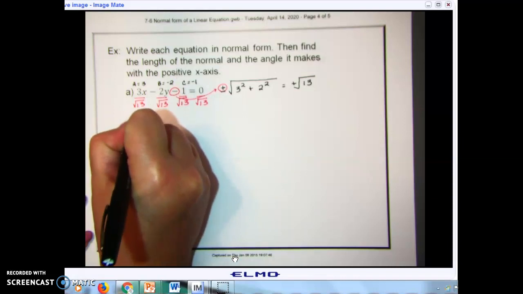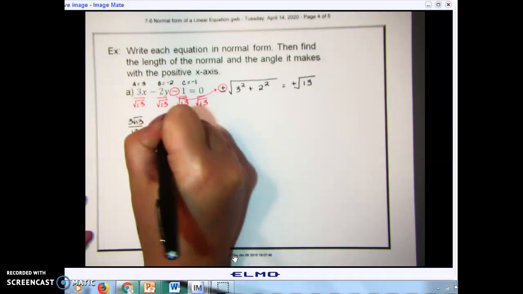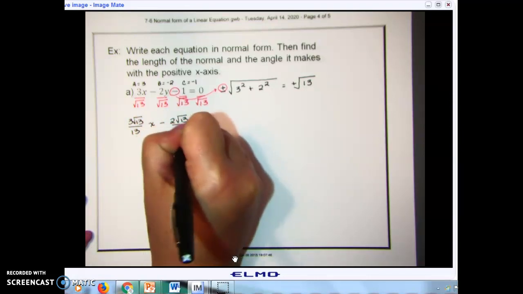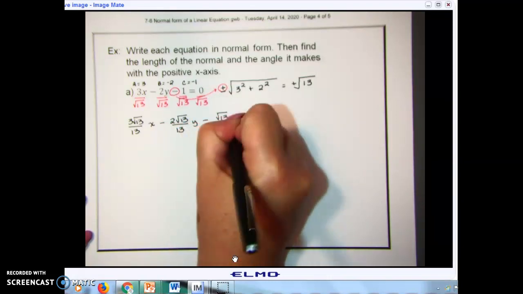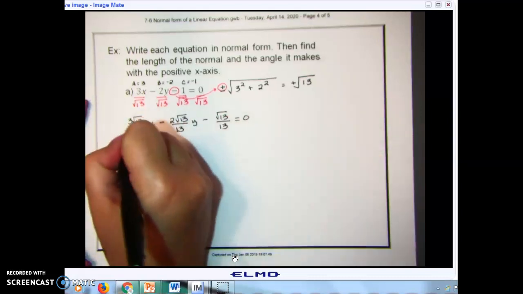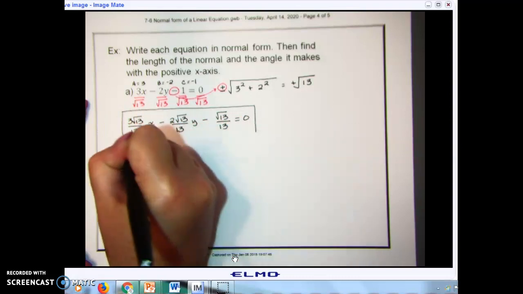You end up with 3 root 13 over 13 times x minus 2 root 13 over 13 times y minus root 13 over 13 is equal to 0. So this is called the normal form of that line.